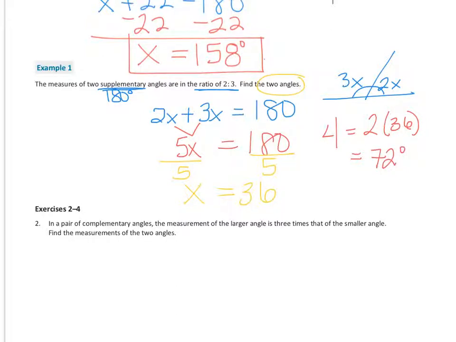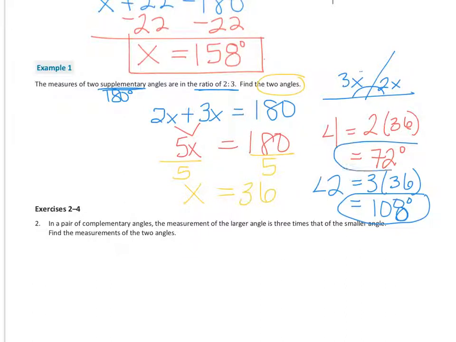And then my larger angle, angle 2, we'll call it, equals 3 times 36. And I'm getting that from up here, 3x and 2x. All right, and 3 times 36 gives me 108 degrees. Sorry for the funky 8. All right, so my 2 angle measurements are off to the side there.